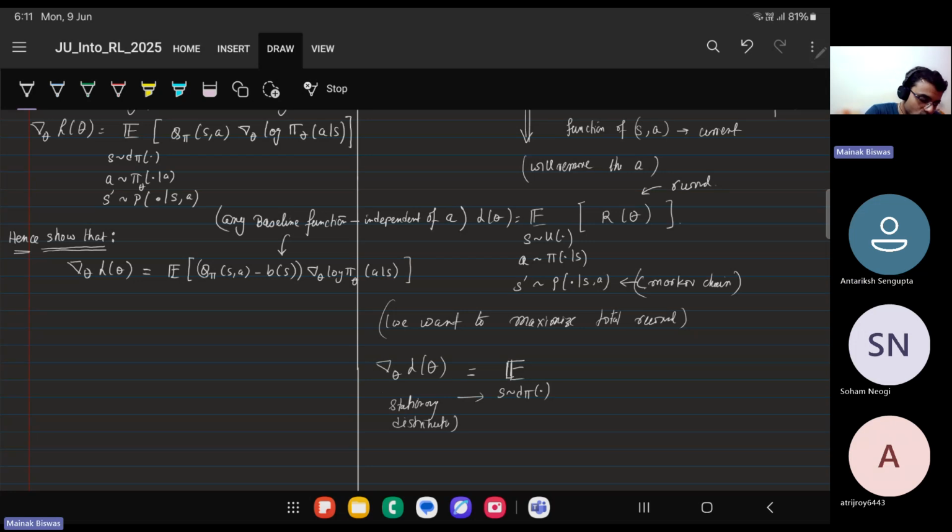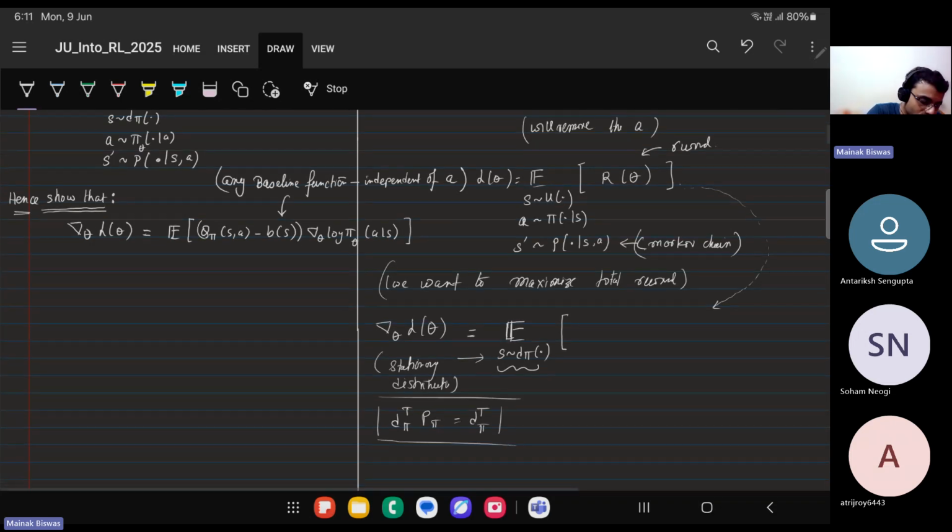The stationary distribution comes in because we move on in the Markov chain based on the policy. So d pi transpose P pi equals d pi transpose. This is the stationary distribution of the policy pi. We took the derivative and did the recursion.